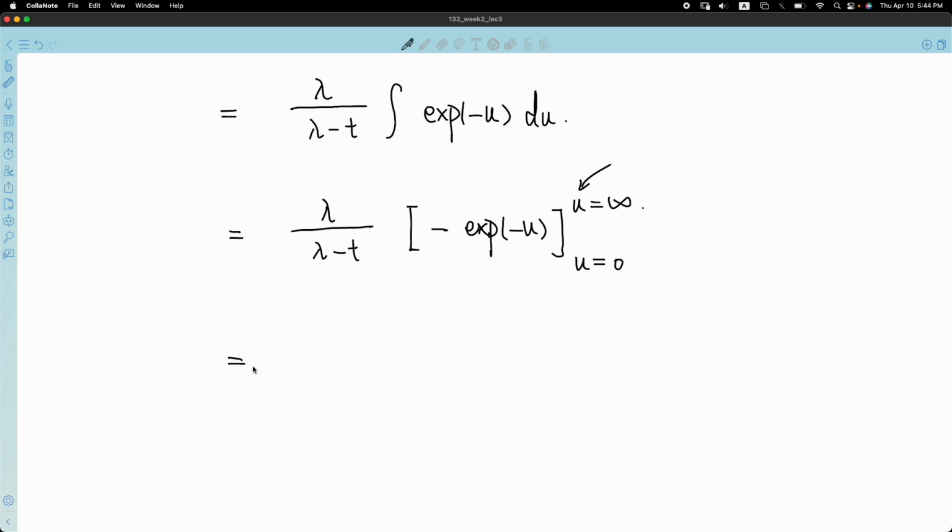So we have lambda over lambda minus t. And let's see, how should we write it? Let's write it in a fraction then. We have the e of u in the denominator and -1 over that. Okay, so whenever I want to evaluate this, I like to write it in a fraction. Okay, so let's write it in this way.